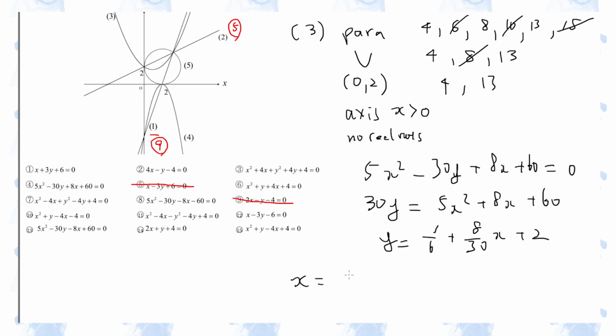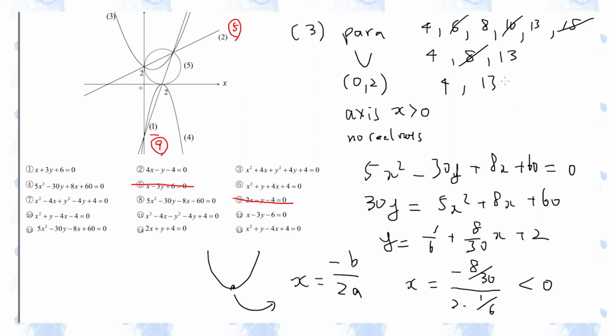The x-coordinate of the vertex can be obtained with this formula, minus b over 2a. So in this case, the x-coordinate of the vertex is minus 8 over 30 over 2 times 1 over 6, which is a negative value, so the answer must be 13.